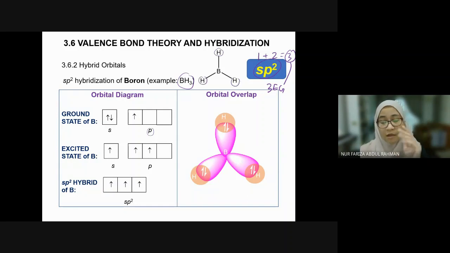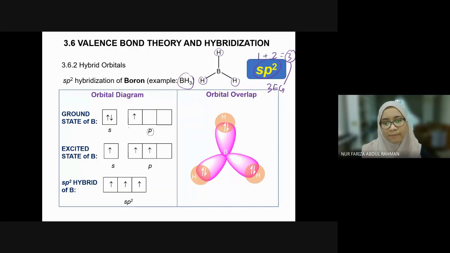So by right, boron should prepare 3 single electrons so that the single electrons from boron can be combined with the electrons from 3 hydrogen atoms. Yep. Okay. Tapi when we look at the ground state of boron, we have only one. Boron has only 1 unpaired electron.